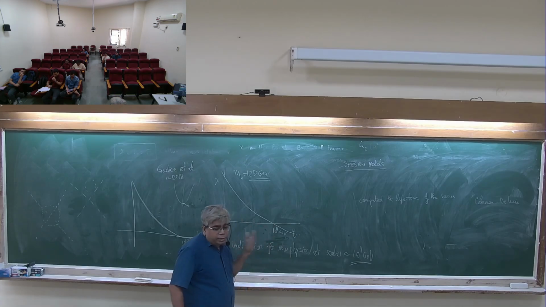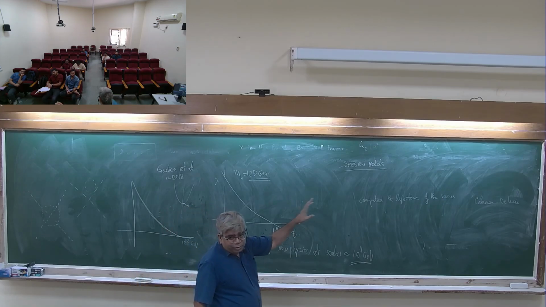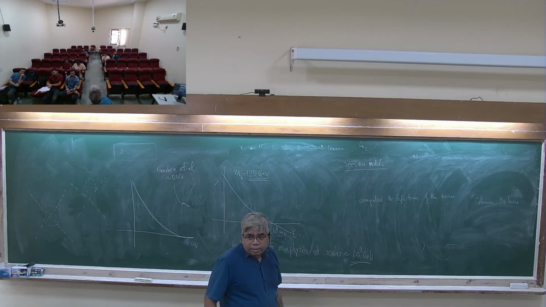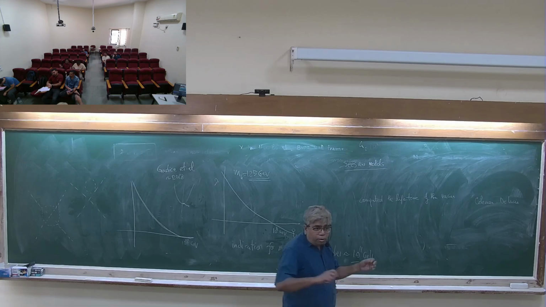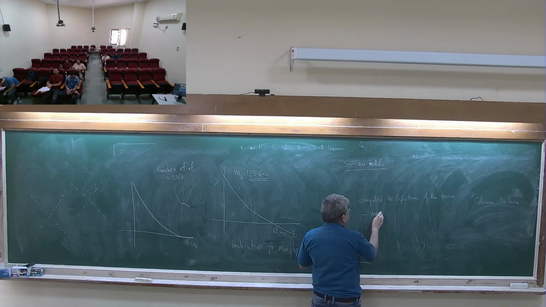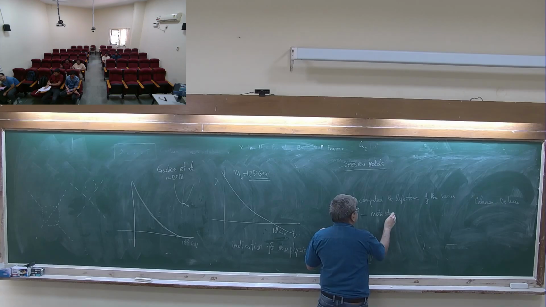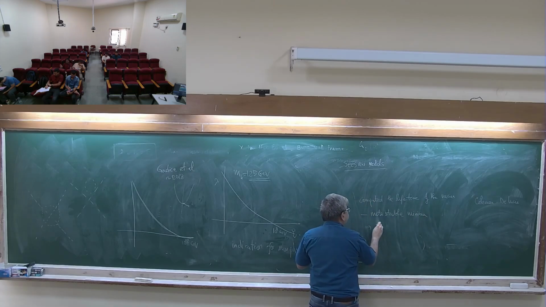This was first done by Coleman and De Luccia and company essentially. That was the reason why I wrote their names there. So the lifetime of the vacuum, if it is very, very long, is called metastable. Then there is stable minima.